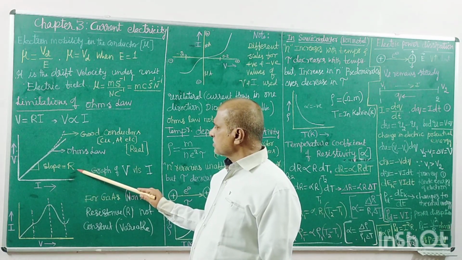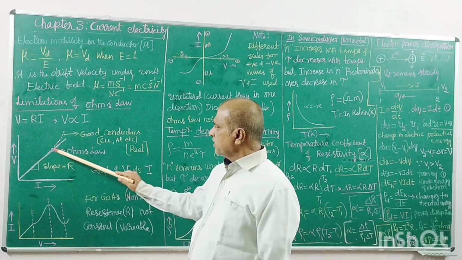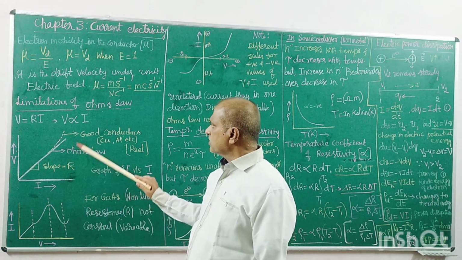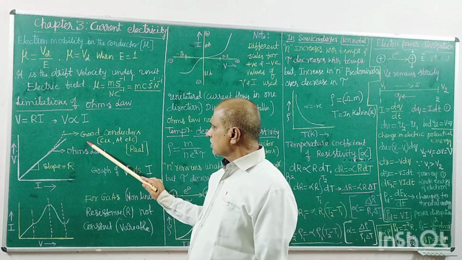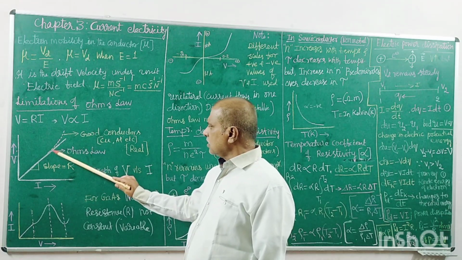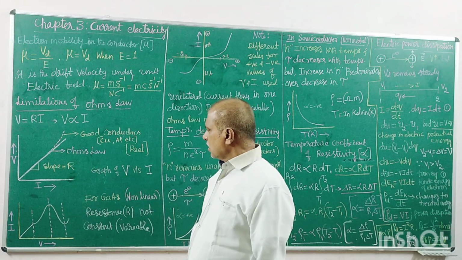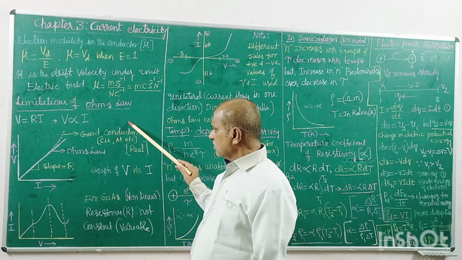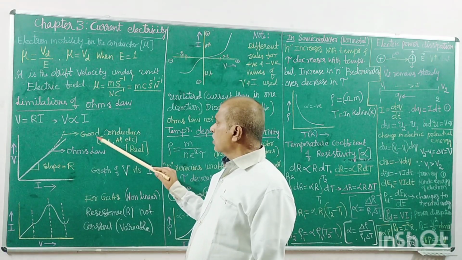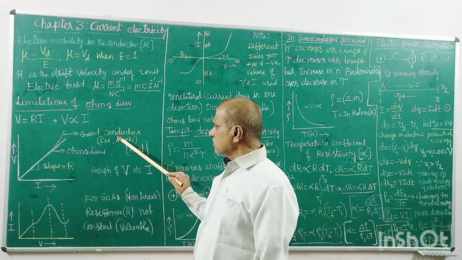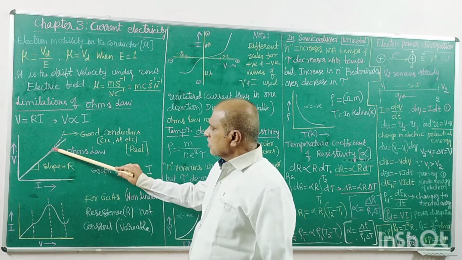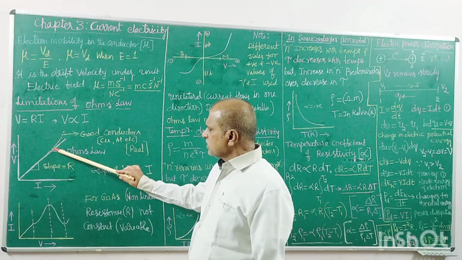The resistance of the conductor changes as well. It is because of the change in resistance that there is deviation from Ohm's law. But it holds up to this point. So you see that Ohm's law is not applicable for all good conductors or metallic conductors at high values of voltage and current.